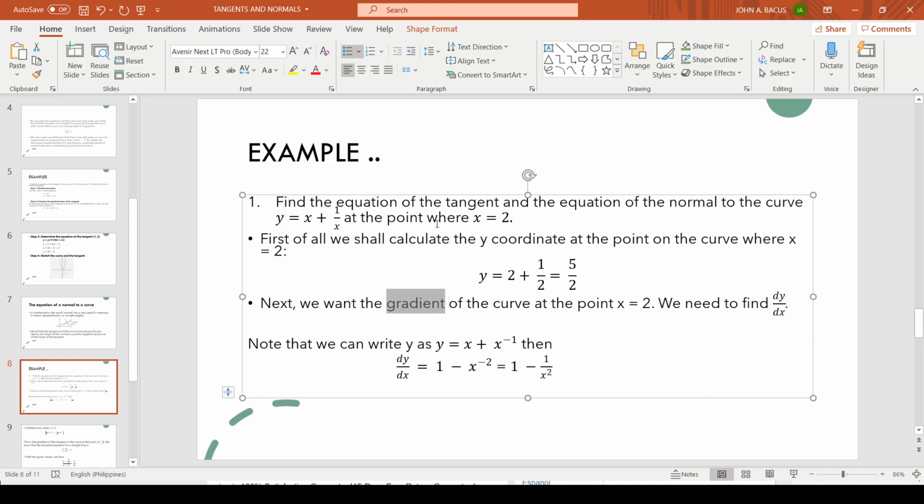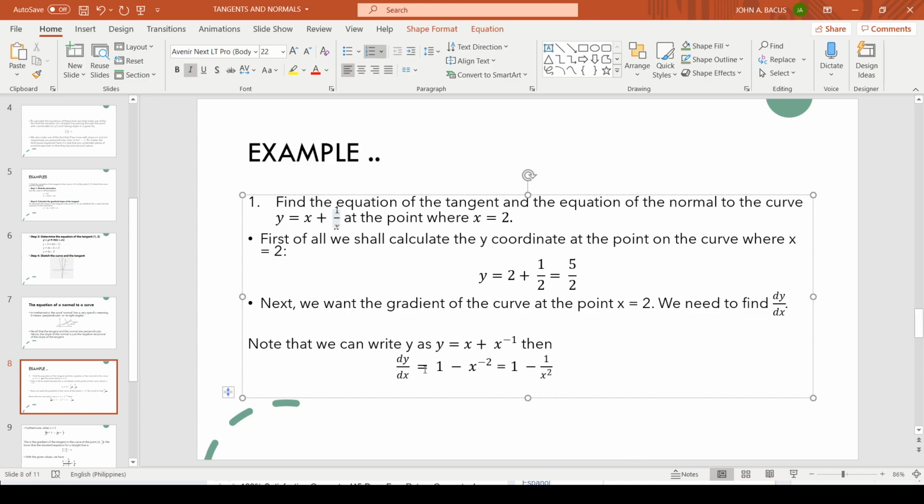To simplify this, since the fraction is confusing, we just simply transform. That's just equivalent to y is equal to x plus x raised to negative 1. So, the exponent becomes negative.